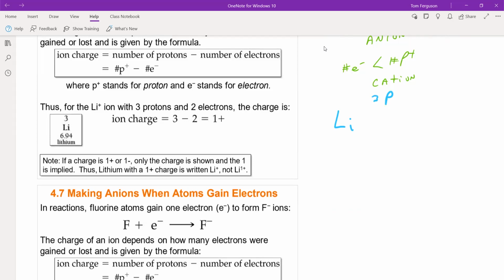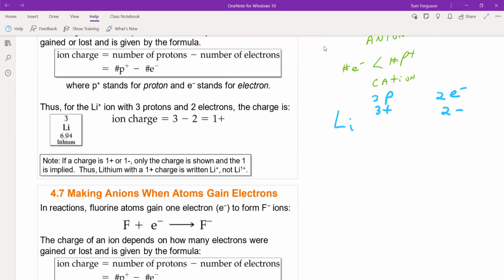So if it has 3 protons, how many electrons must it have to form a +1 cation? 2. That's 3 protons means it's a +3. 2 electrons means it's a -2. So we have one more positive proton, hence +1 cation.